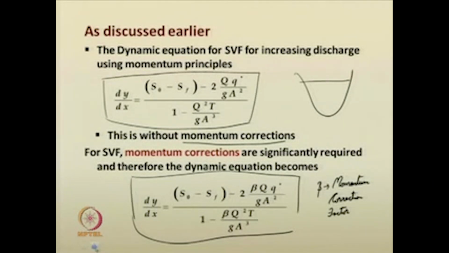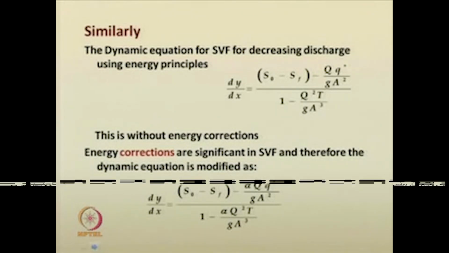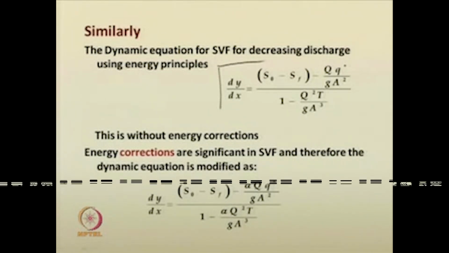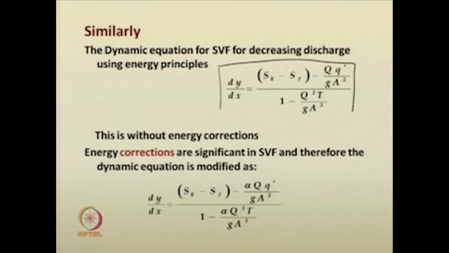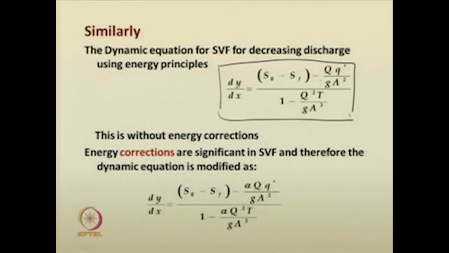Subsequently, a similar principle can be applied for the dynamic equation for decreasing discharge. We had derived it using energy principles earlier in the following form. As we mentioned here also, in the cross section the corrections for energy are not incorporated.